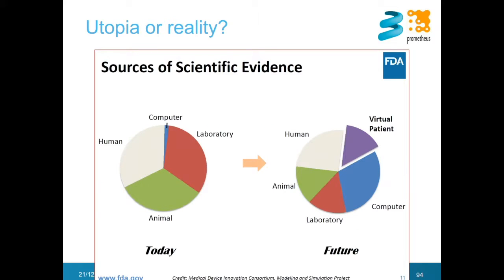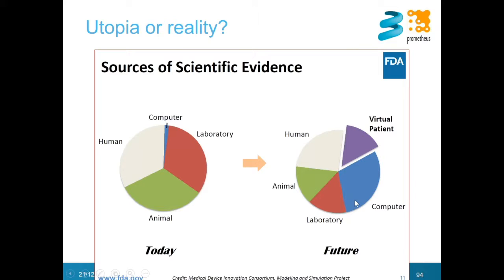And I wanted to show you this slide, which is taken from the Medical Device Innovation Consortium in the States and from the FDA, which shows you that today most of the evidence that you see in preclinical dossiers is coming from laboratory animal and human tests with very small margin for computer.